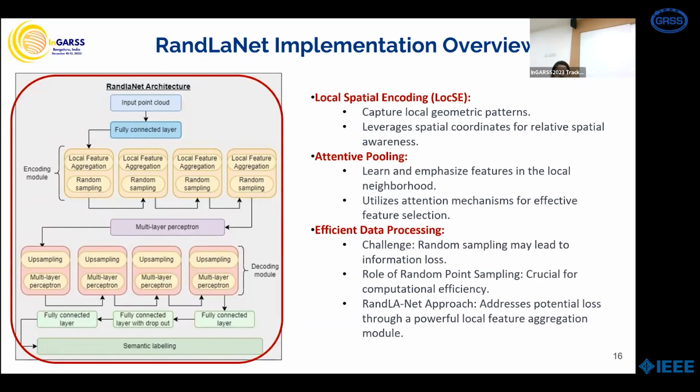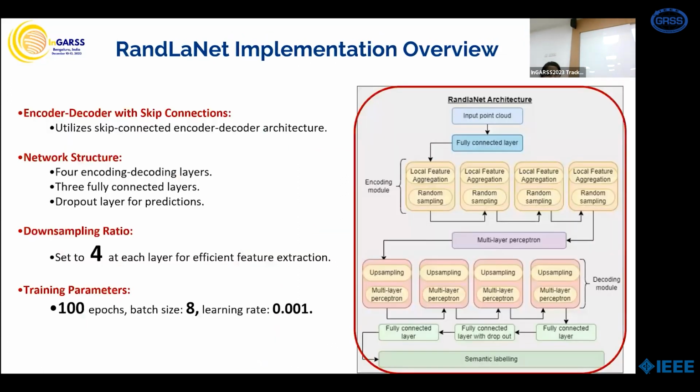The local spatial encoding specifically captures the local geometric patterns, leveraging the spatial coordinates for spatial awareness. Attentive pooling, an attention mechanism, learns the emphasized features in the local neighborhood, addressing the challenge of information loss in random sampling. The efficiency of this approach lies in the crucial role played by random point sampling for computational efficiency.